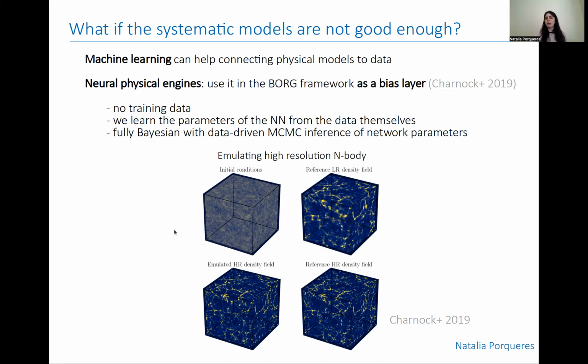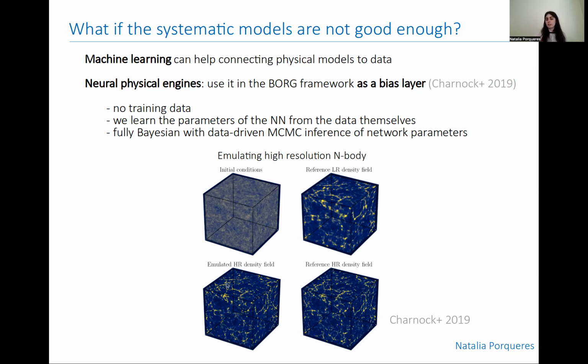This plot here is an example. They use this to increase the resolution of an N-body simulation. These are the initial conditions, and this was the reference for the evolved density field. This is what they use as simulated data. The resolution that they use in Borg in this case was this lower resolution density field. Then they infer the neural network parameters directly from the data without training data.